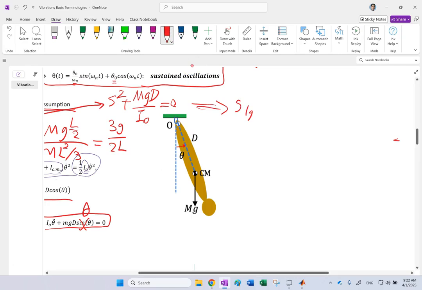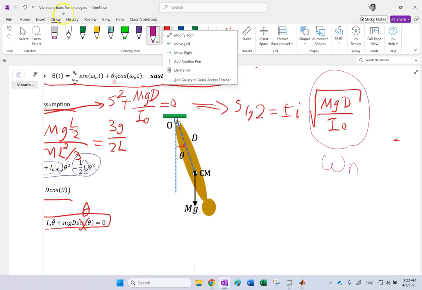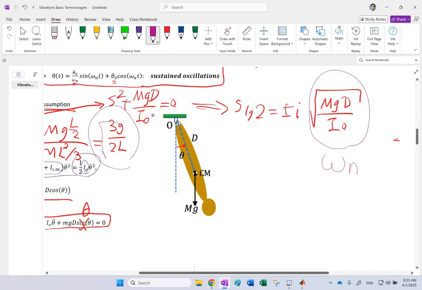S1 and 2 are plus minus i times the square root of mgd over I naught. So this is your natural frequency in this system: the square root of mgd over I naught. Again, if it was a slender bar, it's going to be the square root of this. That is going to be your natural frequency.